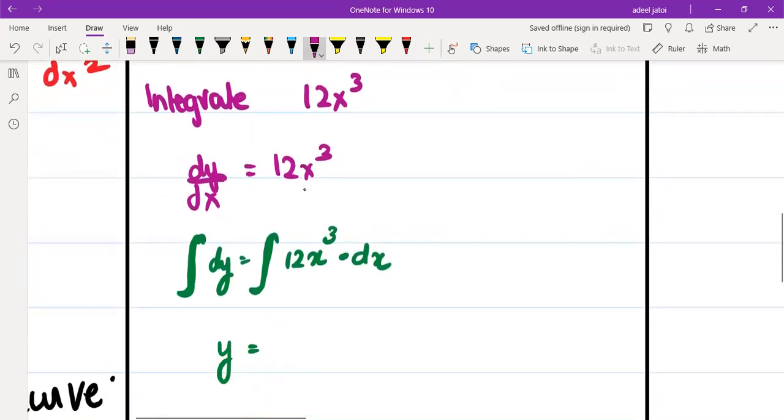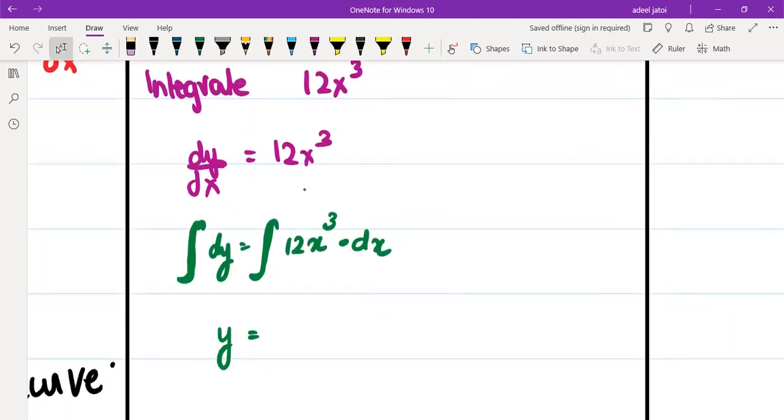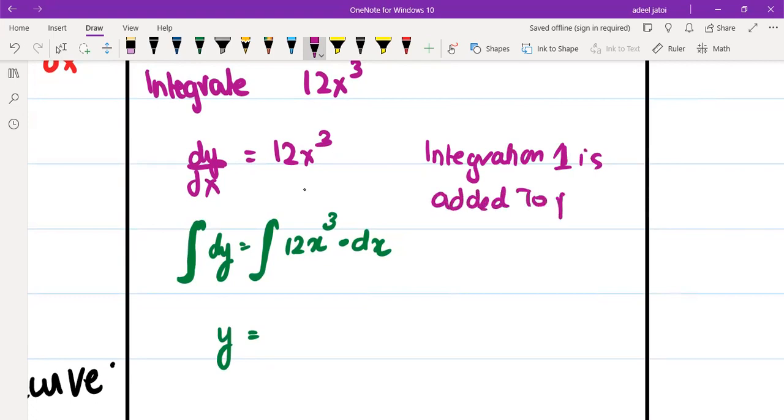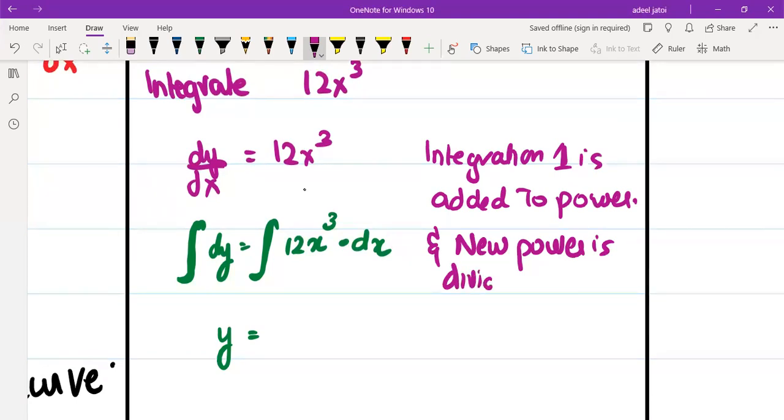So what do we understand by this? We understand that when we are doing integration, 1 is added back to the power, and the value of the new power is divided.